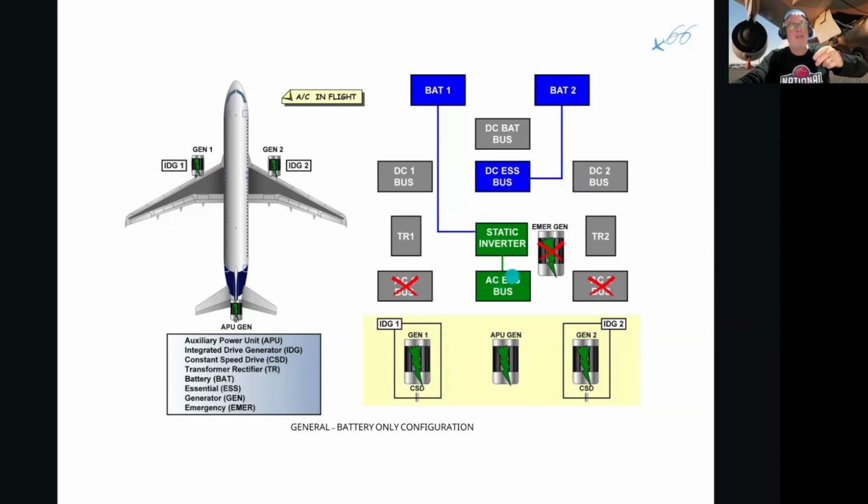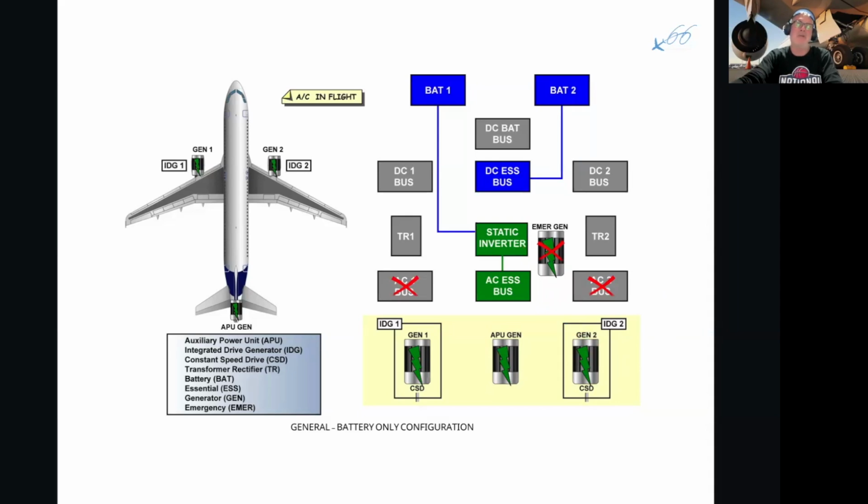So in this configuration, the static inverter will provide the AC essential bus with some power, so I can get some AC on the aircraft. Albeit in that configuration, the system will automatically load shed from all over the place, so that it will only keep the essential systems, so that we can land the aircraft safely.